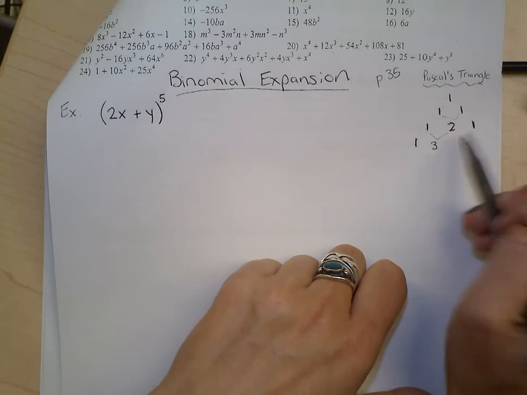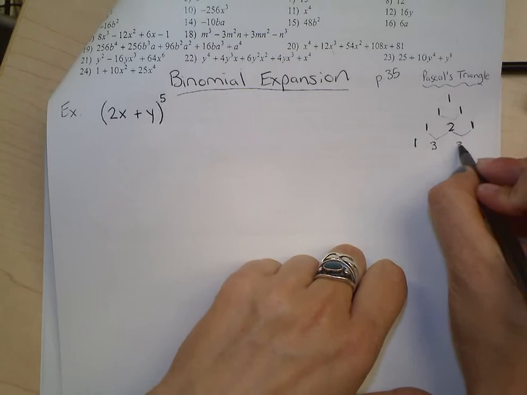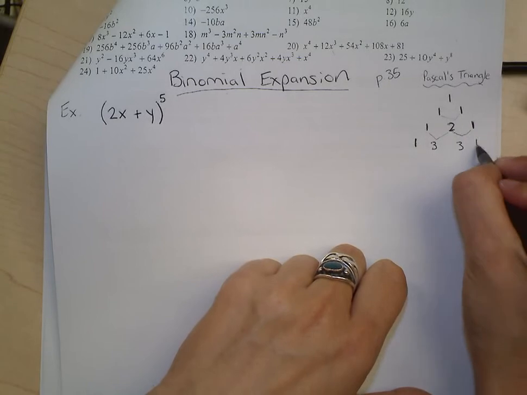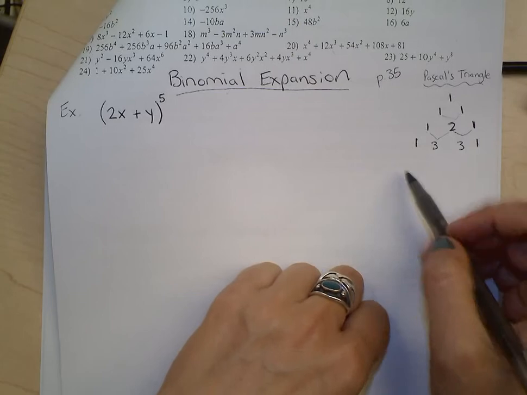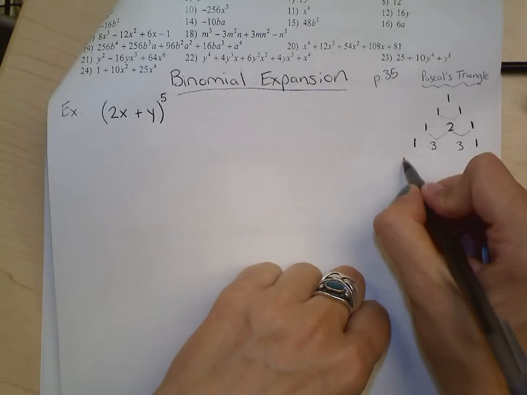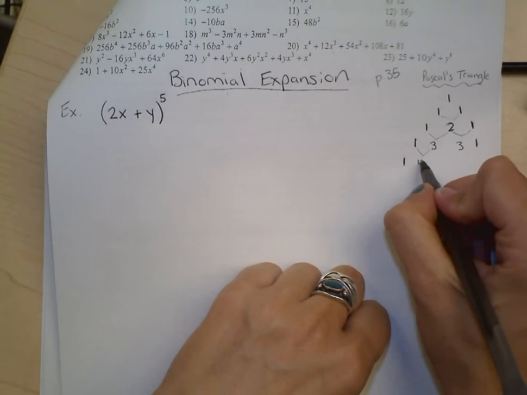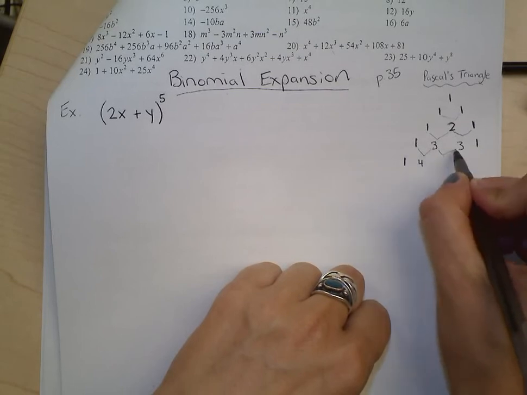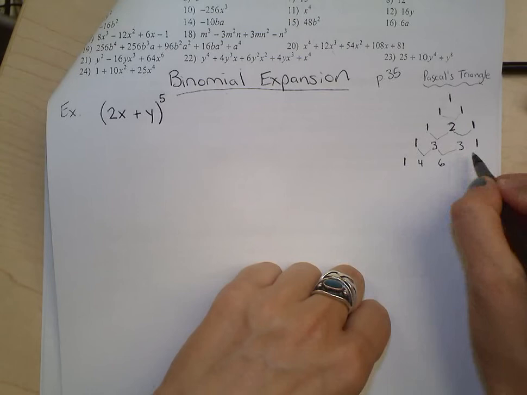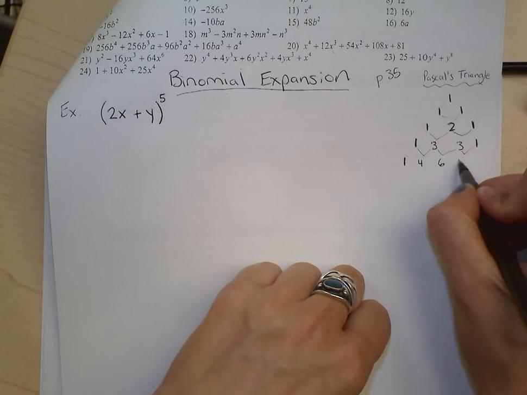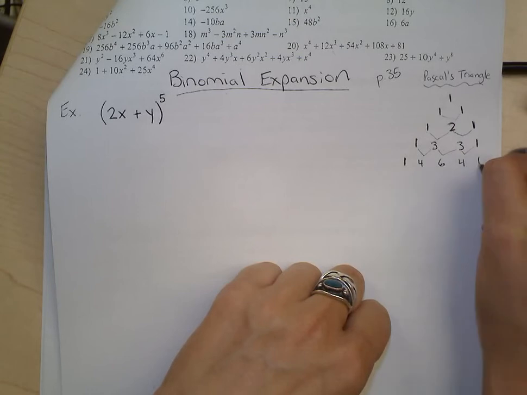I add what's above. 2 plus 1 gives me 3, and I end with a 1. Adding a new row, I start with a 1. I add what's above. 1 plus 3 is 4. 3 plus 3 gives me 6. 3 plus 1 gives me 4, and I end with a 1.